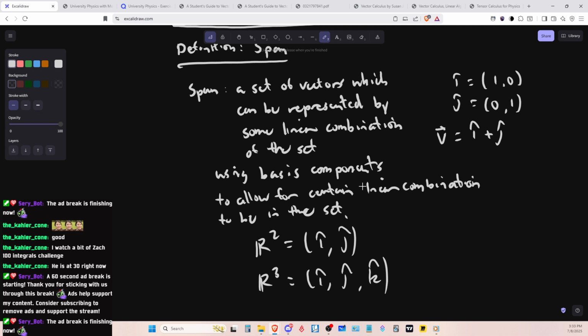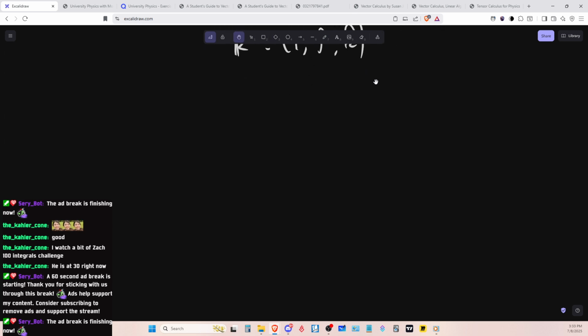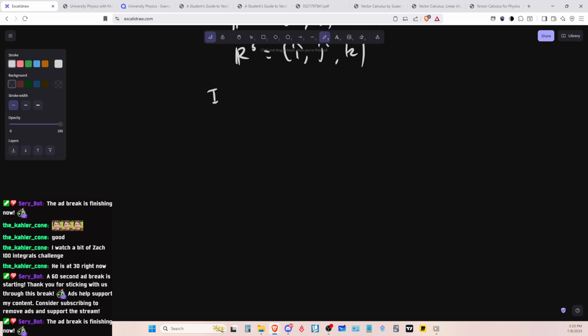Okay, now we're getting into span and linear independence. So I'm familiar with linear independence. I just have to do more diligence on actually doing problems involving linear independence.